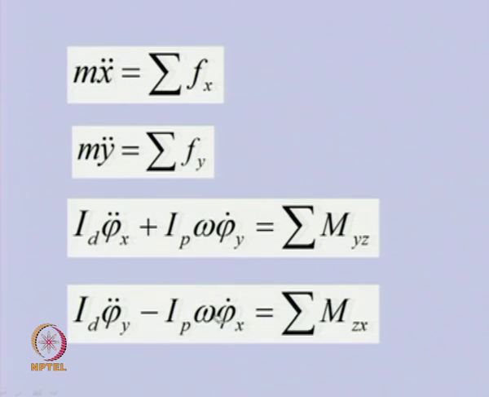These expressions we derived in today's lecture also. So basically we need to obtain the effective bending stiffness the bearings are providing. If we can obtain that, then our equation of motion can be obtained.